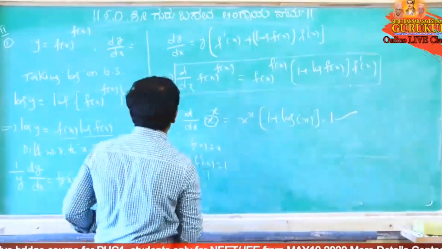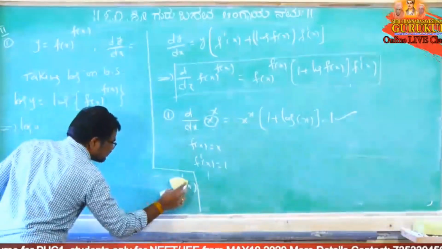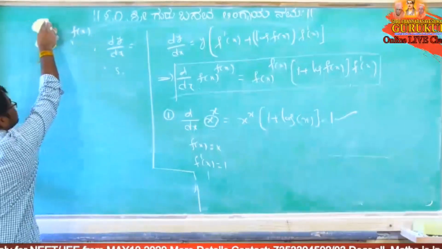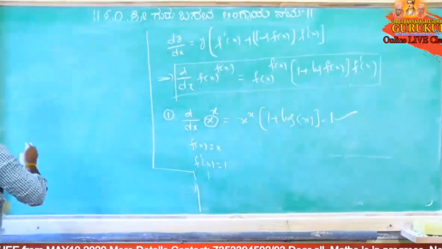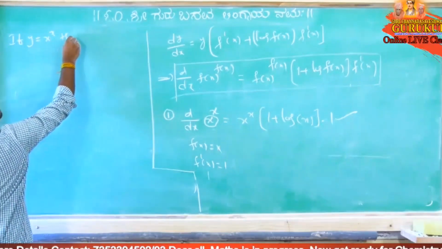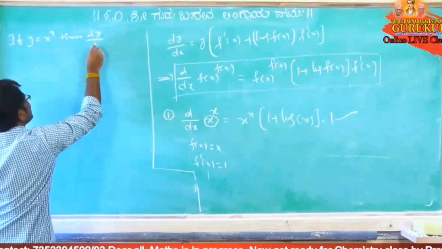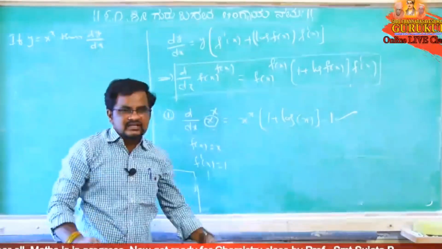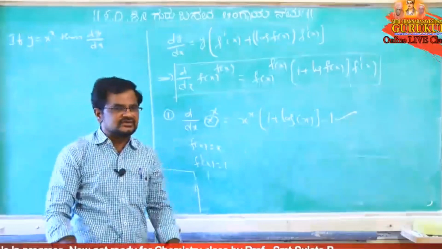Suppose they give the same thing in theory in board exams, how do we solve this one? I will show this. They will give it like this: y equals x power x, then find dy by dx. The same process you followed for this formula, we have to follow for the problems also.